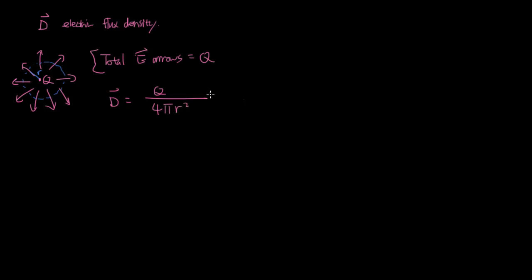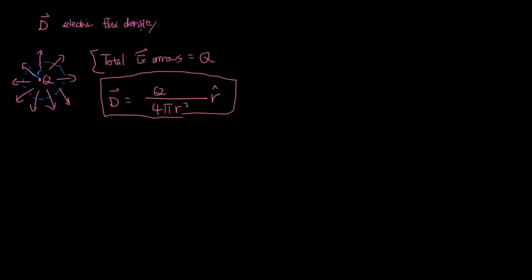And since these all radiate from the origin, if the point charge is at the origin, it will also be in the r direction. So this is the formula for the electric flux density of a point charge, and I'm just using that to build some intuition and make an introduction for Gauss's law.